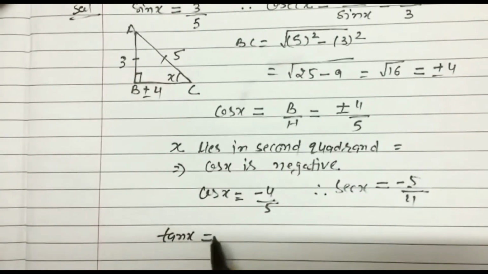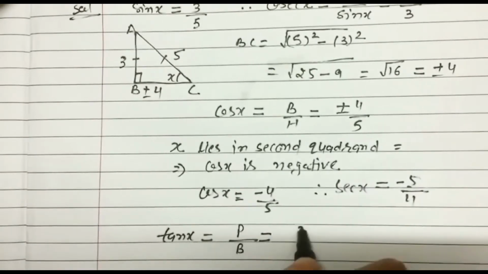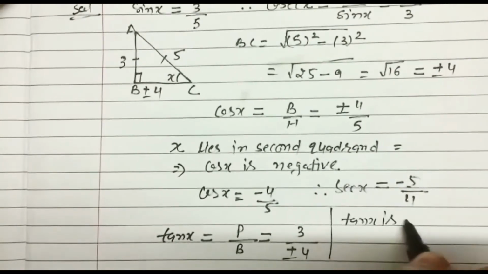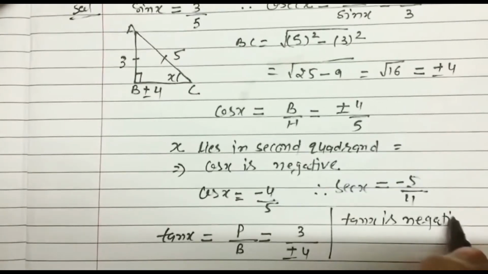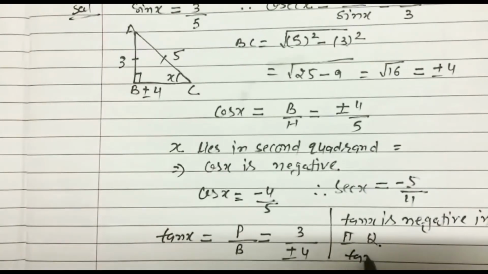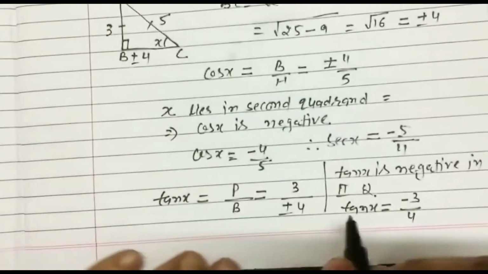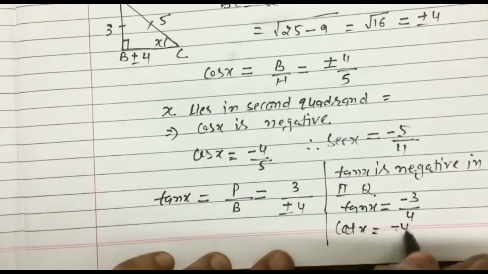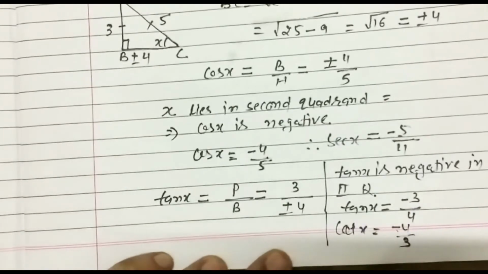Tan x is perpendicular by base, so it's 3 by plus minus 4. Now tan x is negative in the second quadrant. So tan x is minus 3 by 4. And cot x is minus 4 by 3, the reciprocal of tan x.